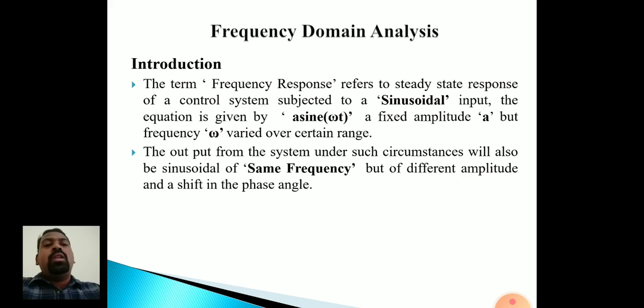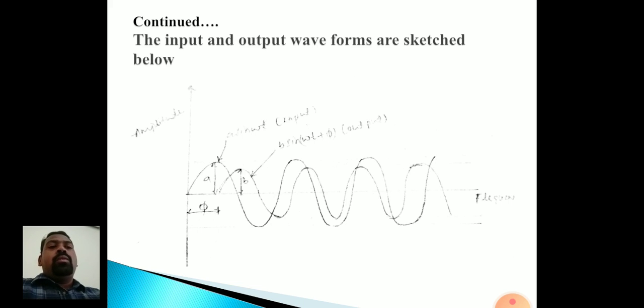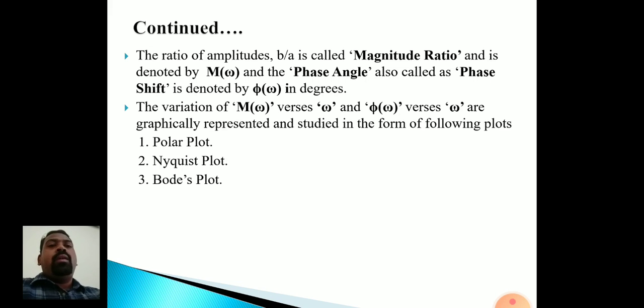For both the input and output waveforms, the frequency remains the same, but the only difference is the difference in amplitude and a shift in the phase angle. That is shown here with a sketch. This can be studied using many plots: polar plot, Nyquist plot and Bode plot.